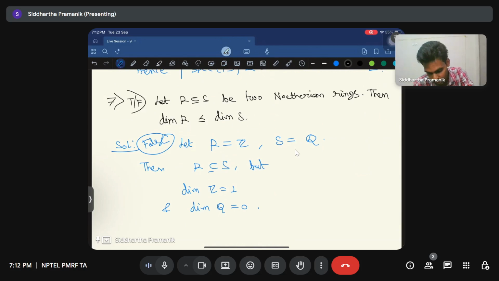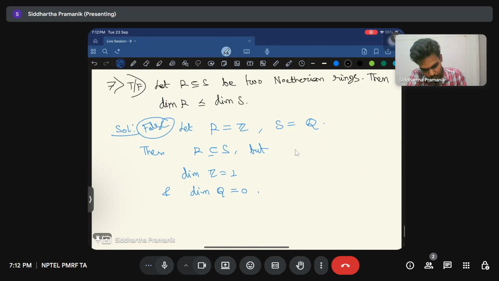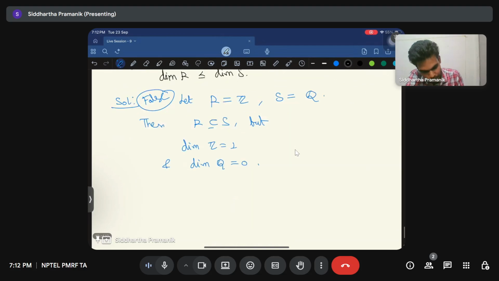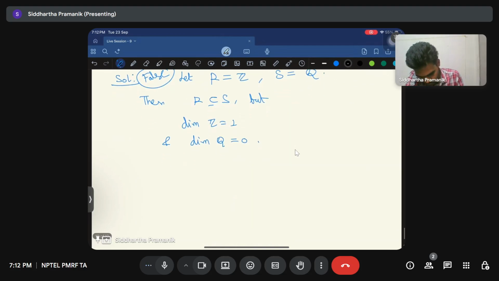So this is actually very easy. Okay, let's move on. So problem number 8. So this is also true or false.